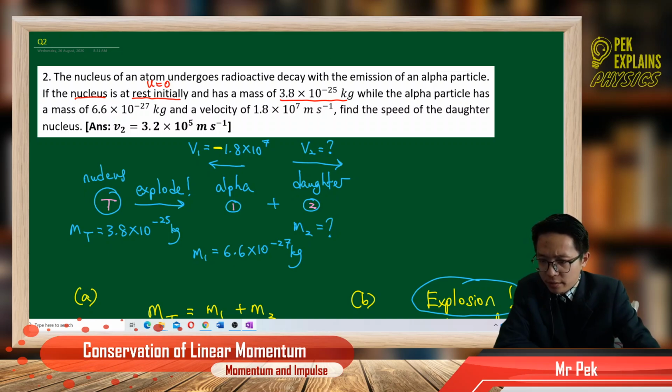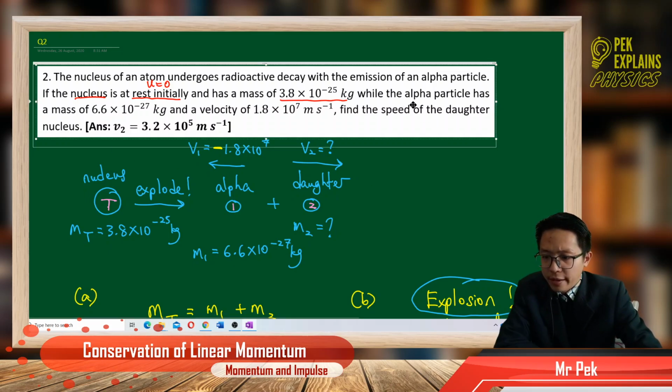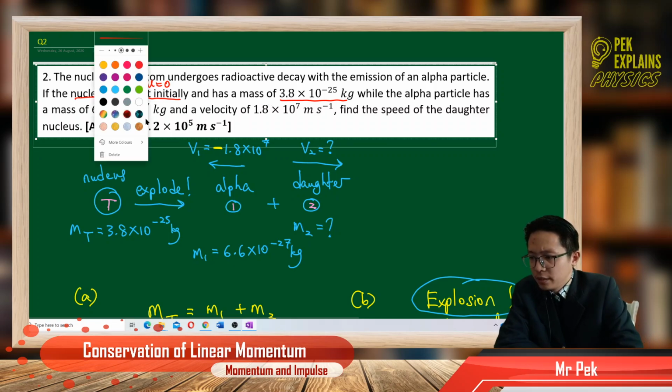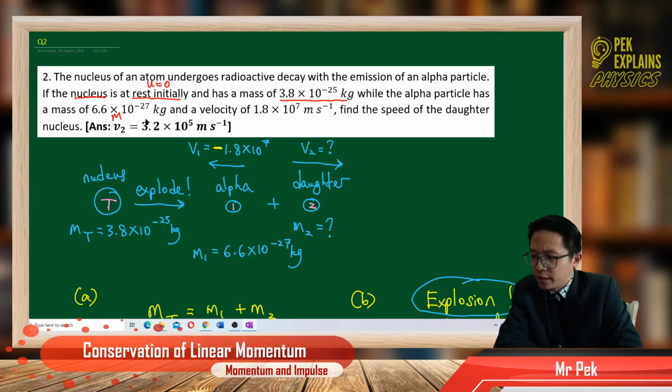And the alpha particle has a mass, so we have the mass of the alpha, and this velocity.